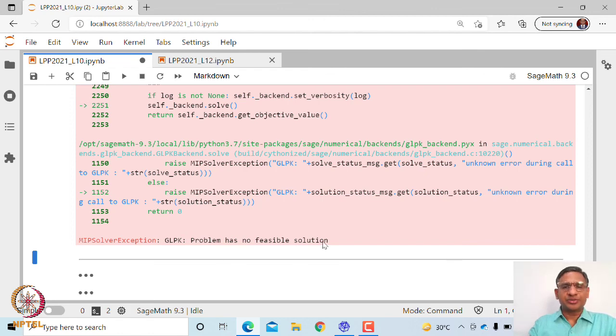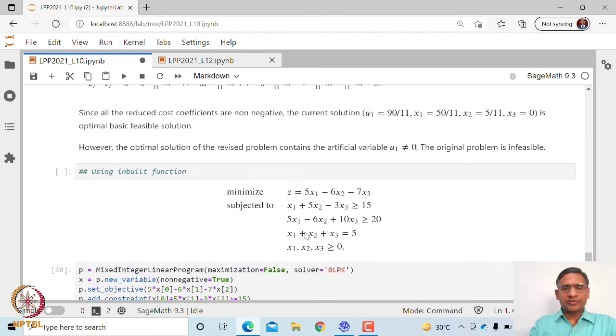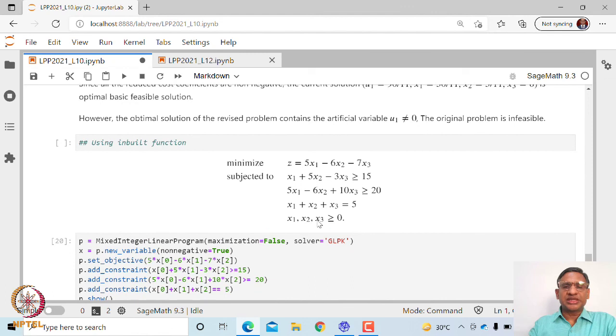That means it is infeasible. So you can see that in case the artificial variable appears with non-zero value in the optimal solution, or the last stage of the simplex table, then the original problem is infeasible.